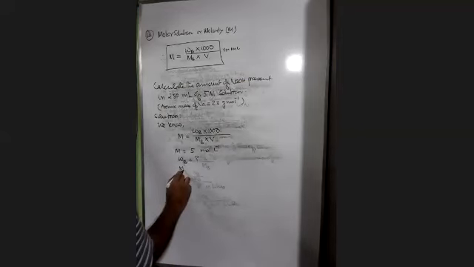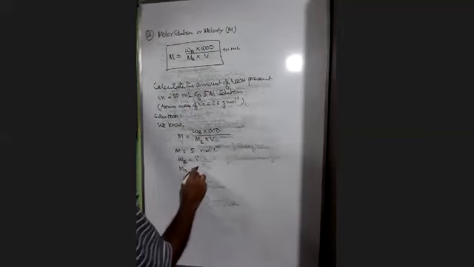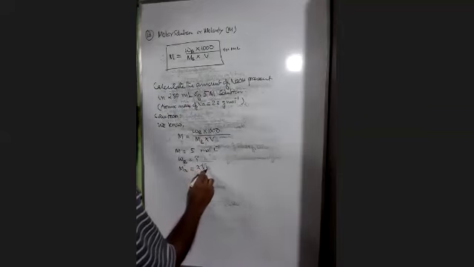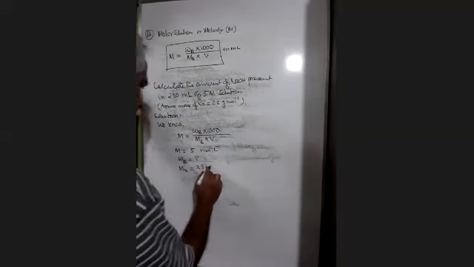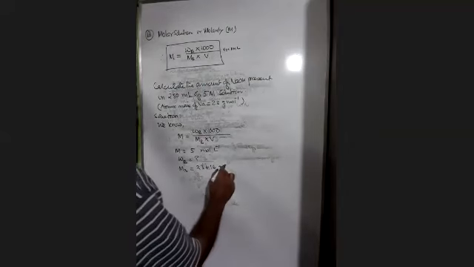Now MB. What is the molar mass of sodium hydroxide? What is the formula of sodium hydroxide? NaOH. So it has only one sodium, 23. The atomic mass of oxygen is 16. The atomic mass of hydrogen is 1.